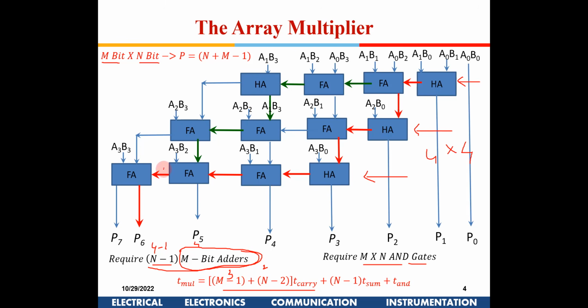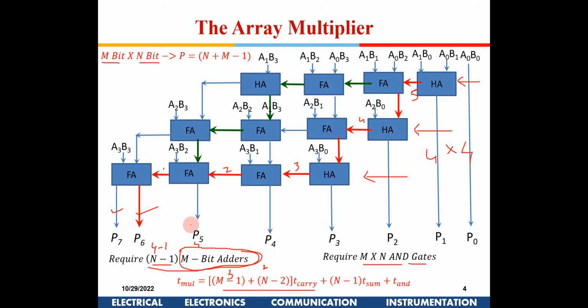If you see here, 1, 2, 3, 4, 5, all these horizontal ones are carries. So 5 carry delays, and some delays are sum inputs which are coming in, the vertical ones. So I have 1, 2 and 3 out here, right? I am not taking this carry because I am assuming that the sum will have more delay than the carry.